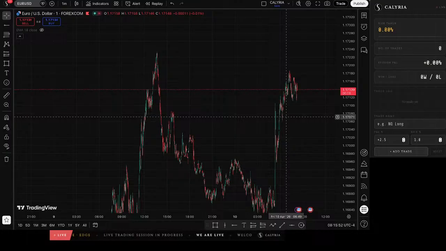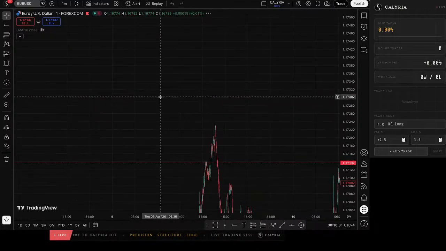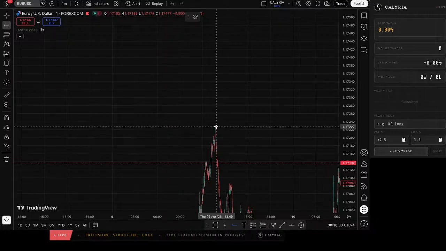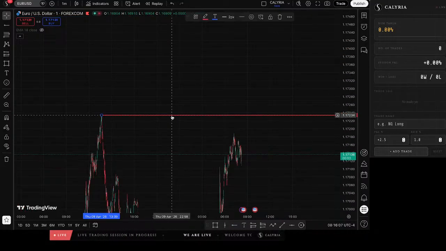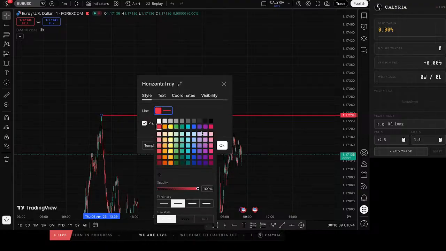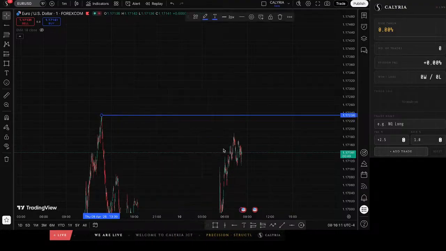Right now I see the opportunity in Euro USD, but that's way up. It's not here, and it does not need to be here. Wait a second, I need to make it blue because red indicates the stop loss, and it's not our stop loss.